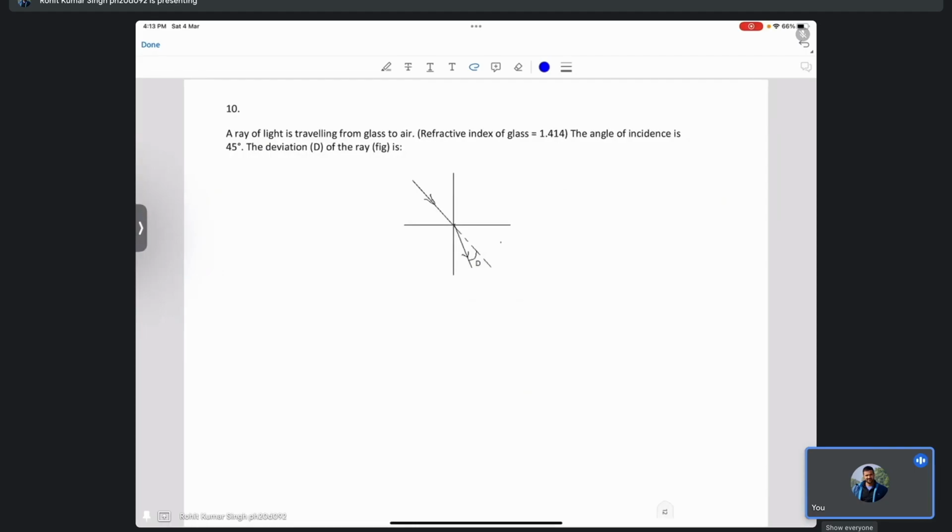Now the next problem, we have a ray of light traveling from glass to air. So this is glass and this is air.